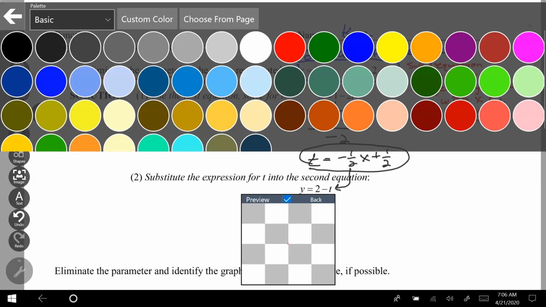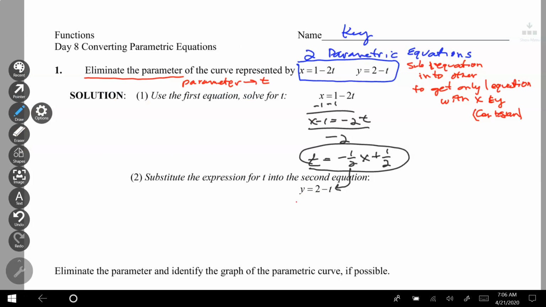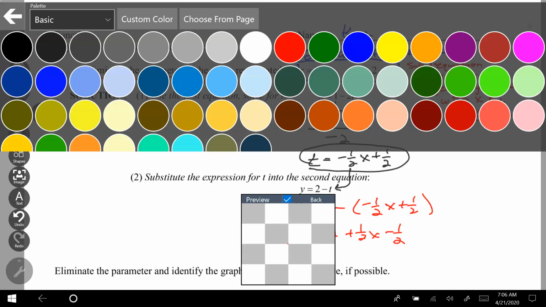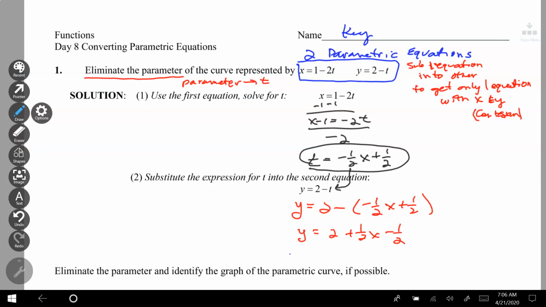So when I substitute it in, I get y equals 2 minus parentheses -1/2 x plus 1/2. Y equals 2 plus 1/2 x minus 1/2. And when I'm all said and done, I get y equals 1/2 x plus 3/2.